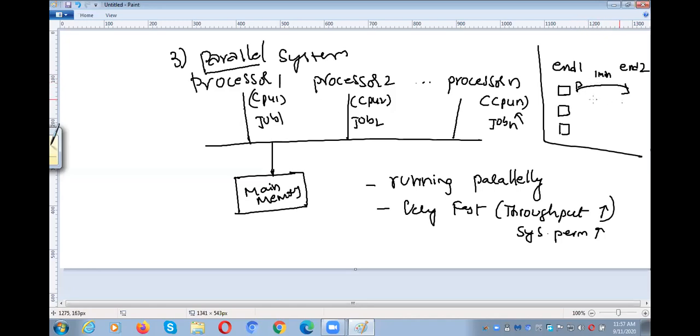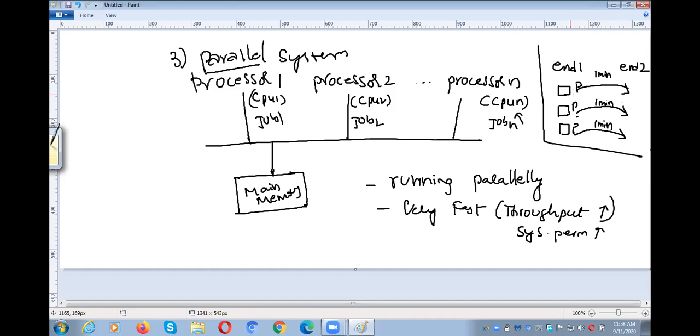Then he needs to come back, take the second 10 kg of sugar to the other end, and again take the third 10 kg. So how many minutes did it take? 3 minutes, right?